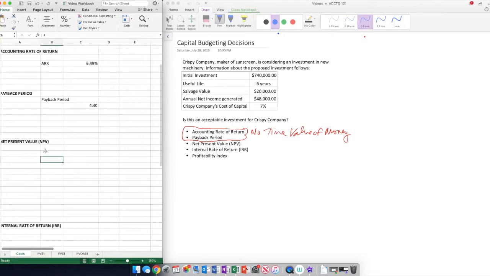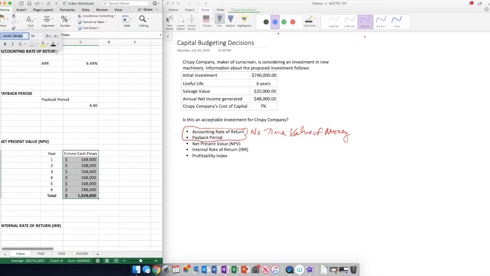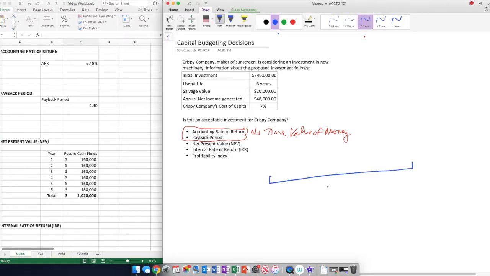So in net present value, we're going to look at the years, and we have, in our case here, 6 years in total. We have a machine that has a 6-year useful life. We are going to look at the future cash flows for this machine. Now, what does that look like? Those future cash flows over those 6 years.